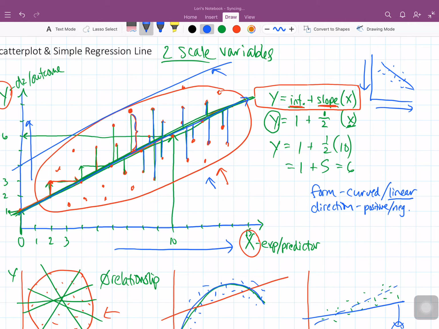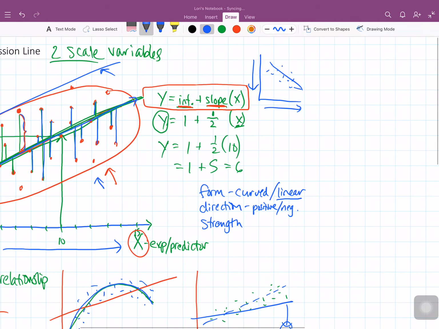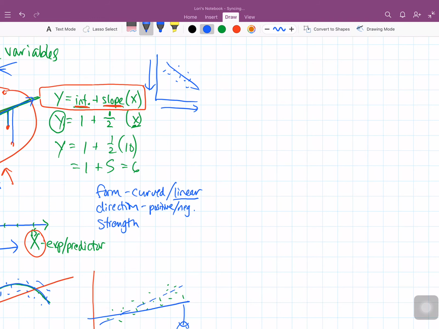The other thing that's important about scatter plots is the strength. And this is a little bit of a difficult concept, because the strength of the relationship doesn't have to do with how steep the slope is. It has to do with how close all of those dots are to a regression line.